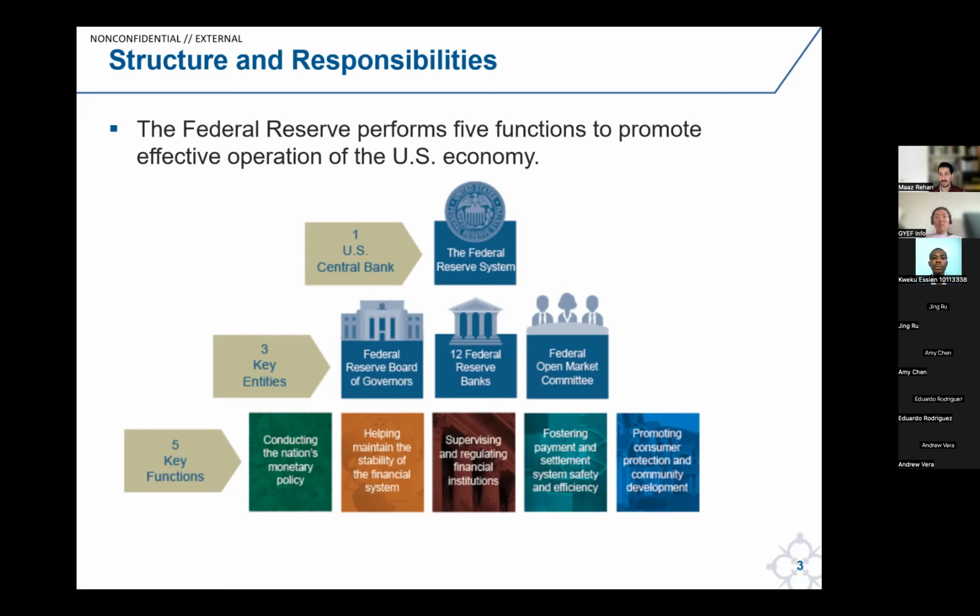So maybe I just want to pause here and ask the audience, what does that really mean to them when they hear monetary policy, and that the FOMC has a dual mandate of maximum employment and stable prices in the US economy?